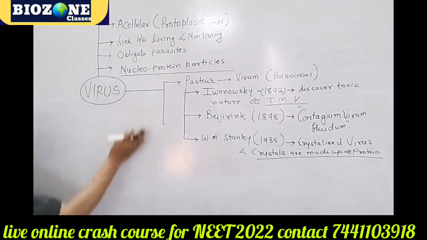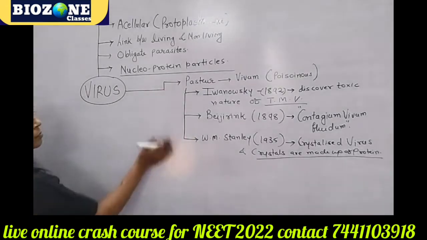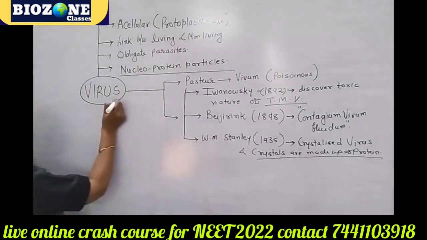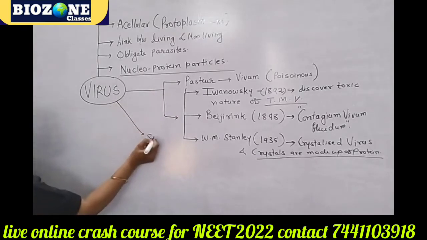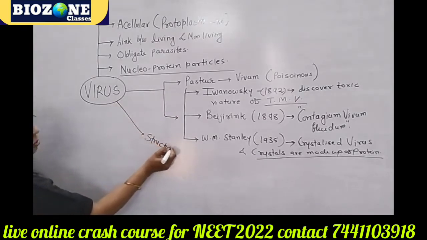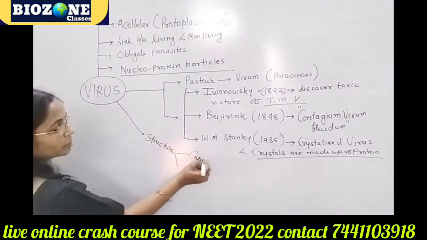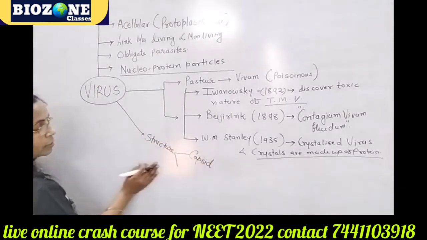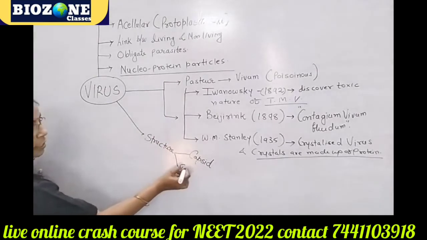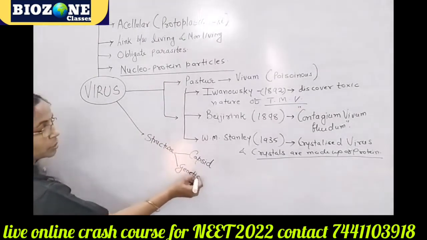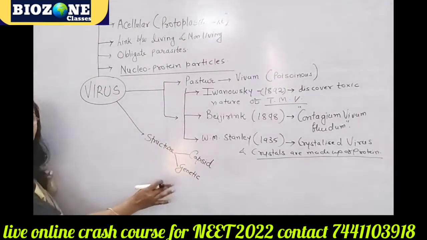And then after, here we study the structure. So in structure only two terms we use: one is capsid and the second is genetic material. Protoplasm, cytoplasm, cytosol are completely absent.